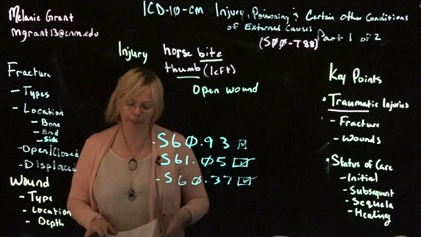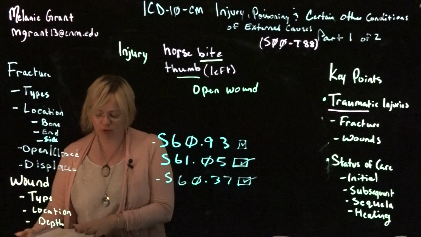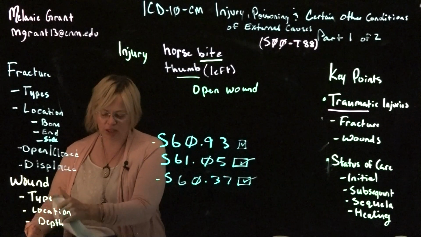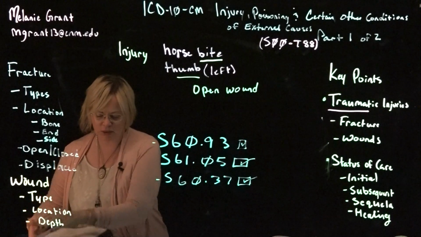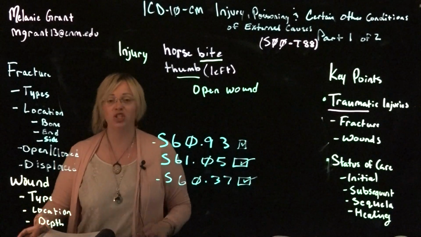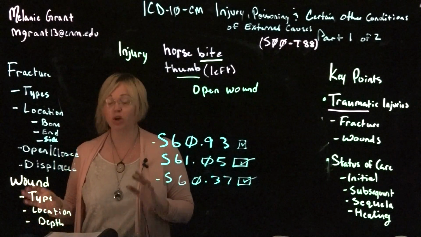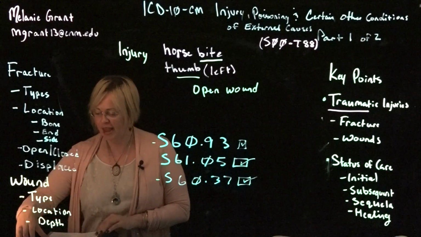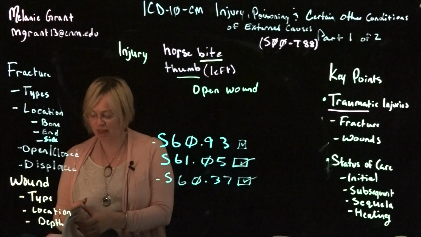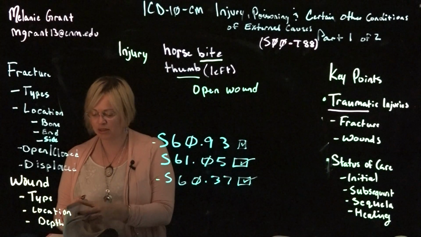So for me, I'm going to flip over to my injury and poisoning and certain other consequences of external causes, chapter 19 of the coding book, not the textbook. And I'm going to go to the very beginning of that. I want to make sure I look at the beginning of the chapter.